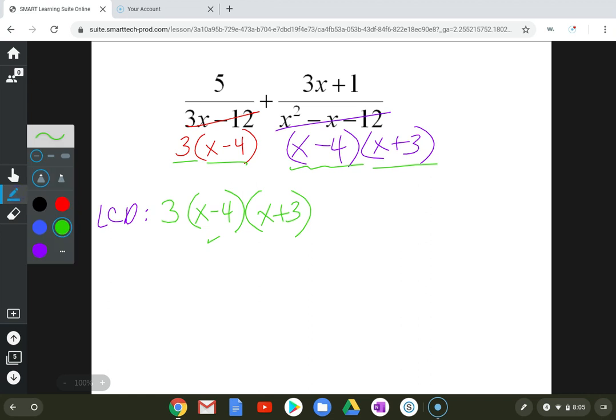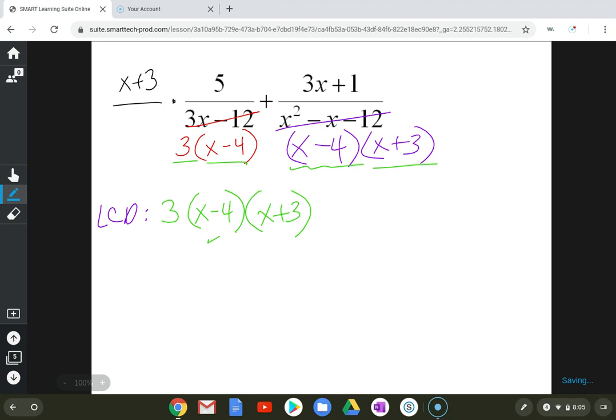All right, so I am going to multiply this first fraction top and bottom by what the denominator is missing, which is x plus 3. And I'm going to multiply the second fraction top and bottom by what this denominator is missing, which is just 3. Going down here, I have to distribute.